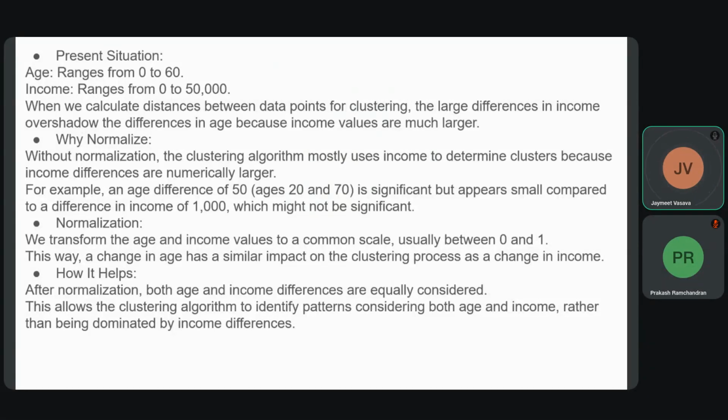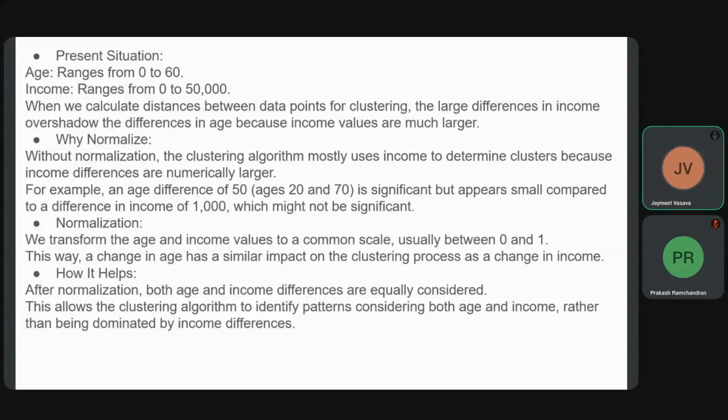So when we calculate the distance between the data points for clustering, the large differences in income overshadow the difference in the age because the income values are much larger. So the reason to normalize is without normalization, the clustering algorithm mostly uses income to determine clusters because income differences are numerically larger.